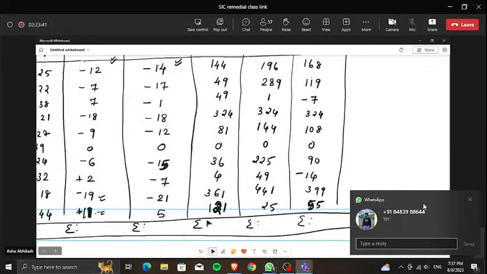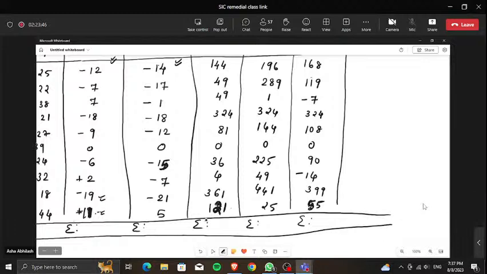Now tell me the summation of each column quickly. First is minus 51, second is minus 100, then 1169, then 1694.